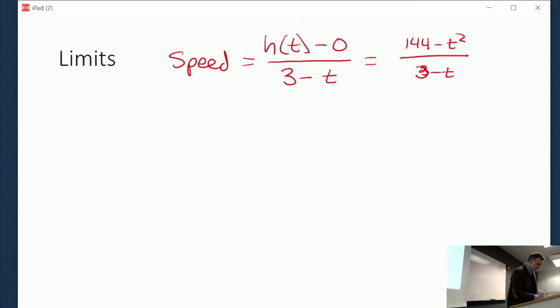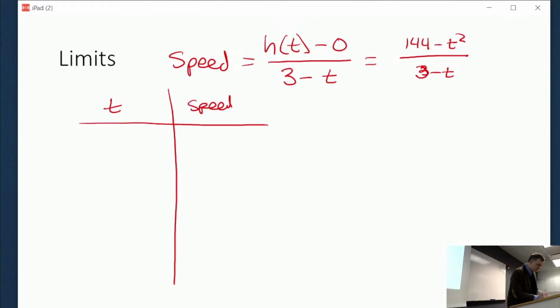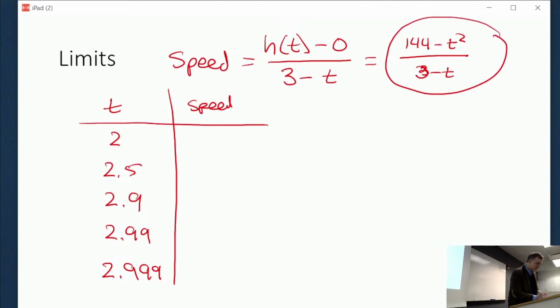Okay, so what I'd like you to do is plug in these different values for t. Now, we already did a couple of them. Just to remind you, when you plug 2 into this, we got 80, I believe.